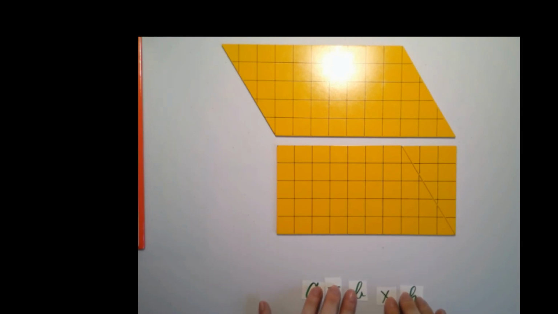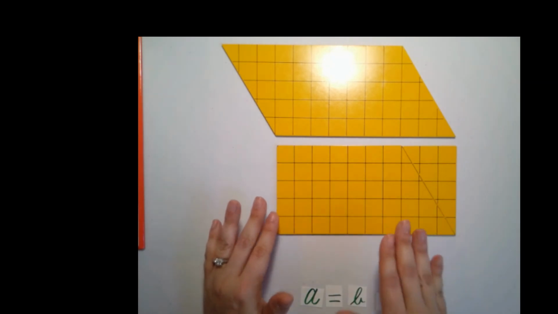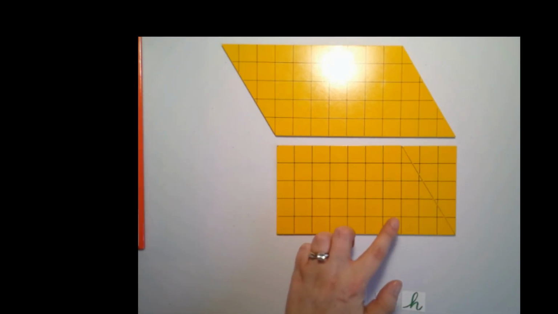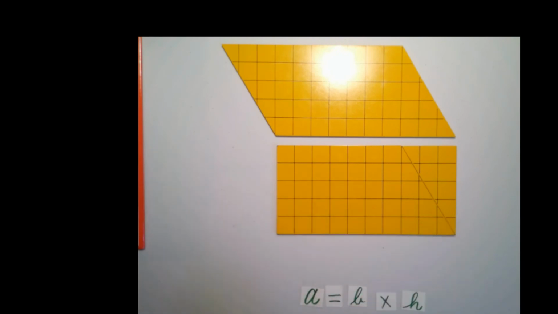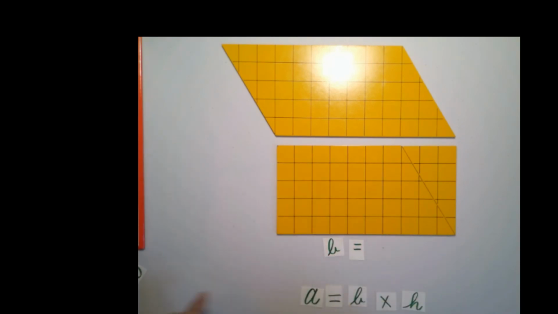So, on this parallelogram that we turned into a rectangle, we can see that our base is 1, 2, 3, 4, 5, 6, 7, 8, 9, 10. So our base is 10. Our height is 1, 2, 3, 4, 5.